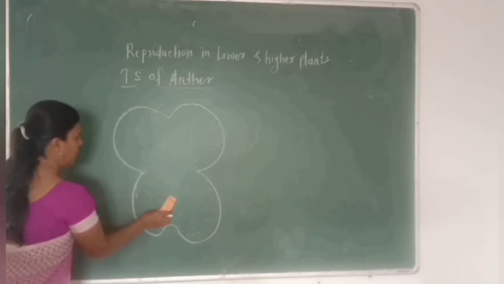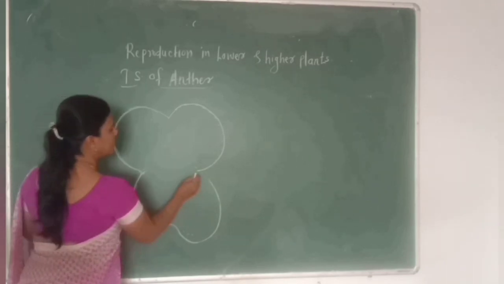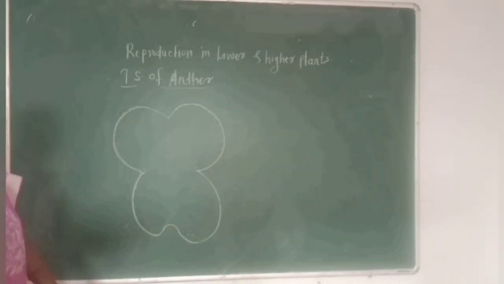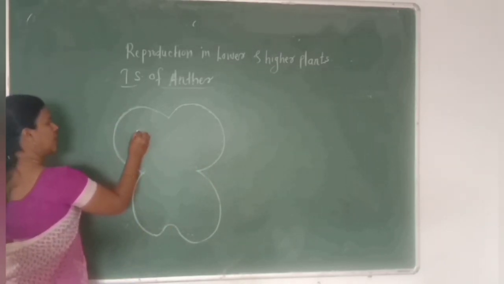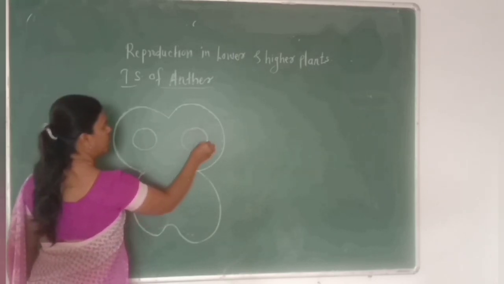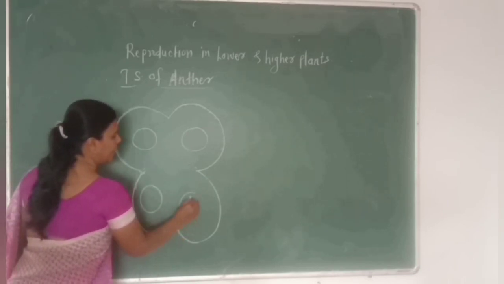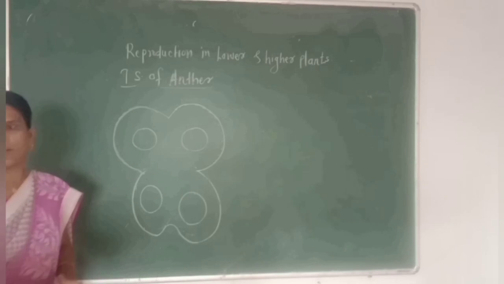This is the diagram of transverse section or TS of a diathecous anther, in which we are seeing four pollen sacs. First we draw these pollen sacs and then we draw the different layers present in the anther wall.